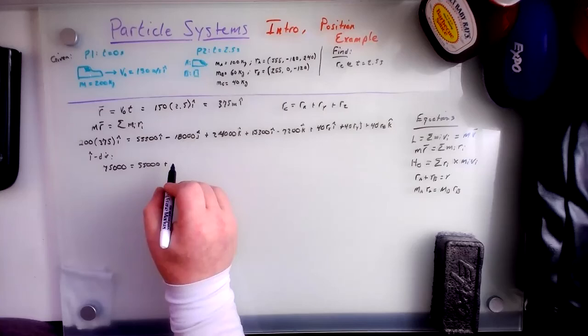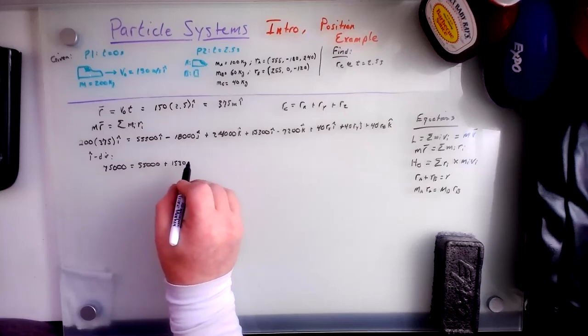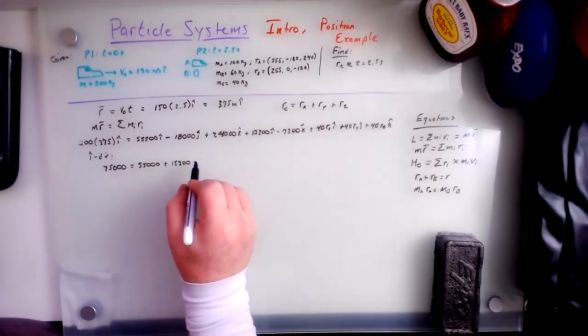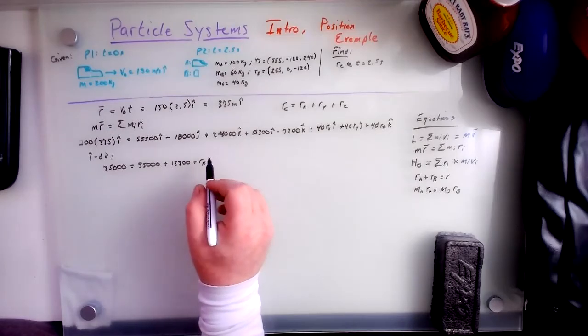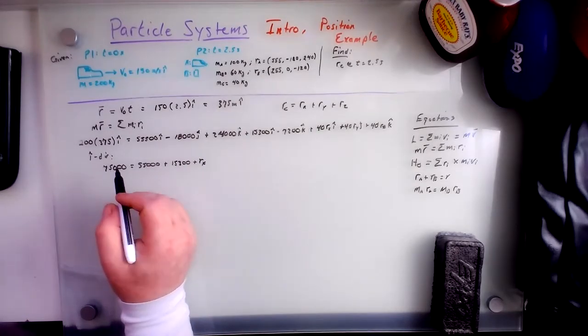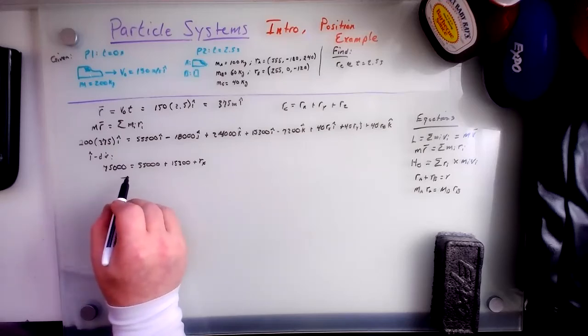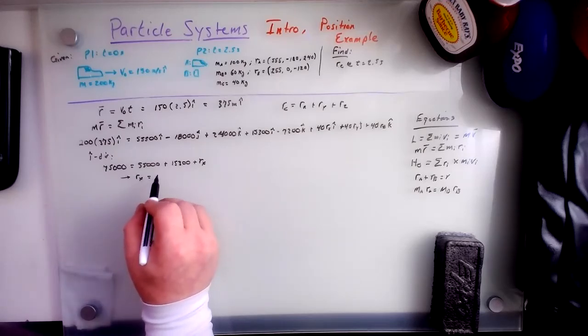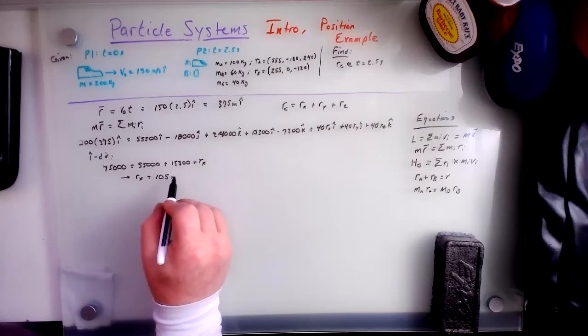We want 153, and then R_x. When we solve this, we get that R_x is equal to 105 meters.